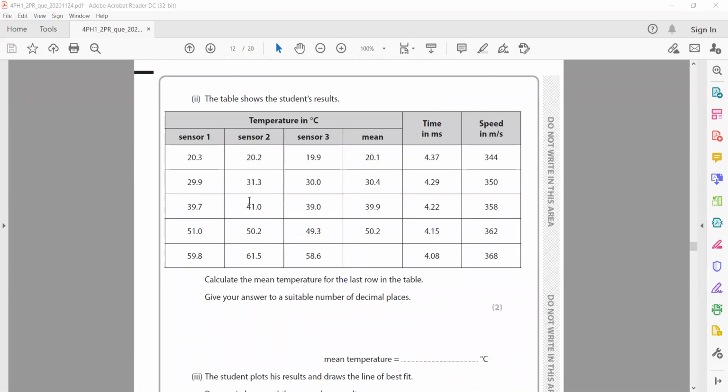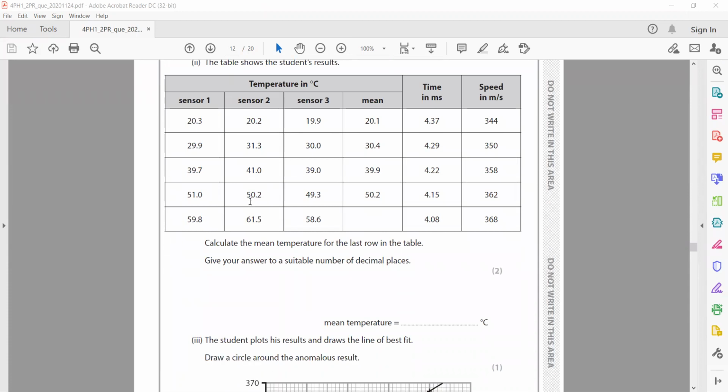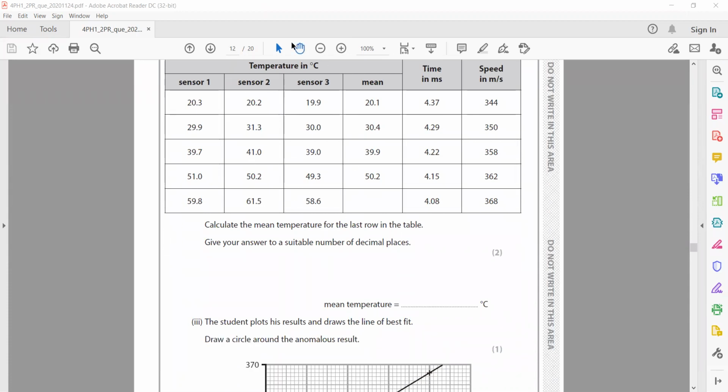The table shows the student's results. Calculate the mean temperature for the last row. So how do we calculate a mean temperature? You add them and divide by 3. So it will come out as 59.97.